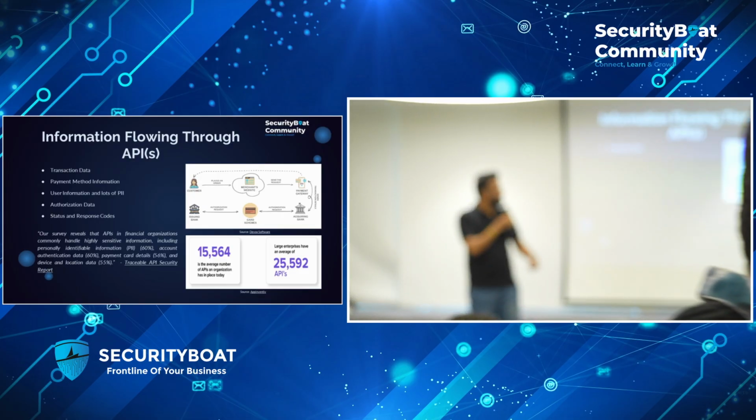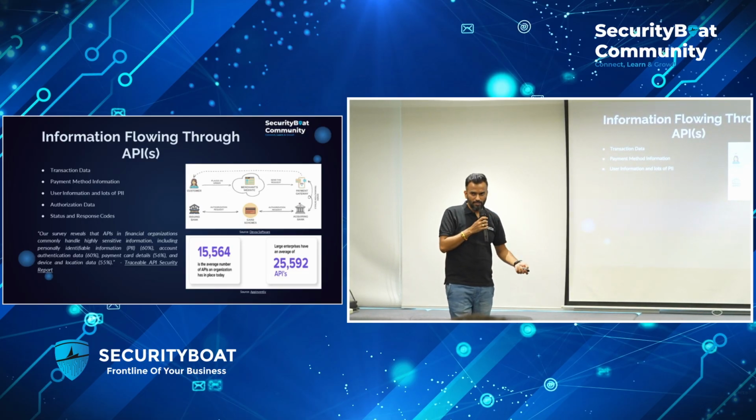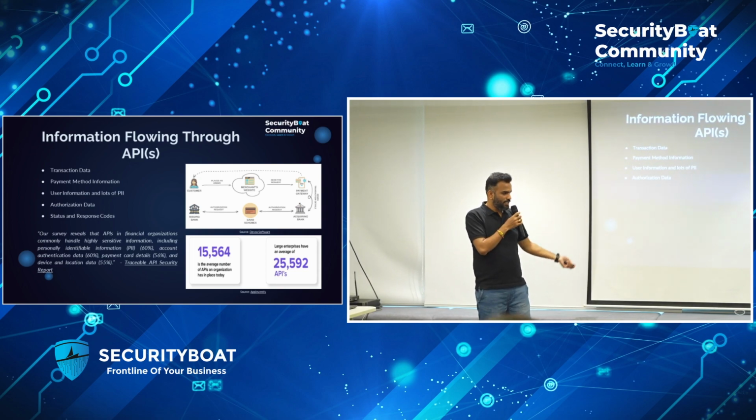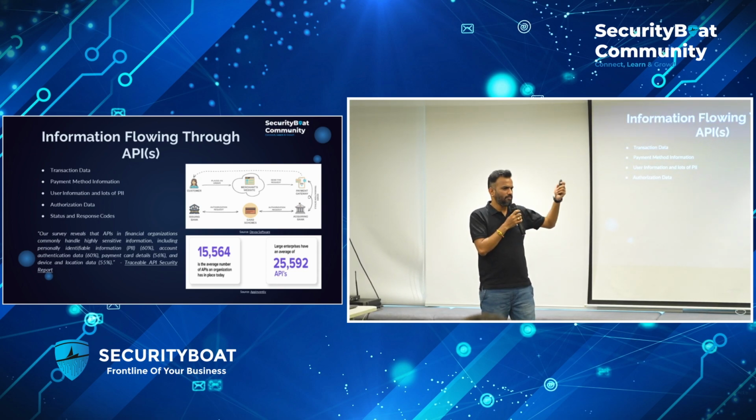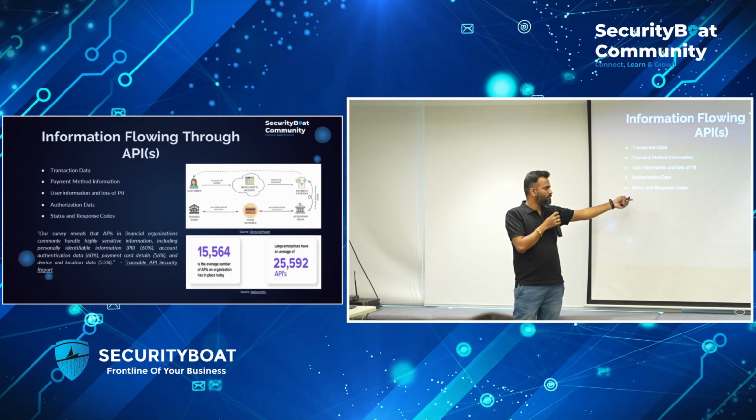Yeah, as she said, transaction data, payment method information, user information, lots of PII, which is a major concern. Authorization data, because tokens, everything is going in the API calls. Status and response codes, because this helps the attacker understand how this API is working.